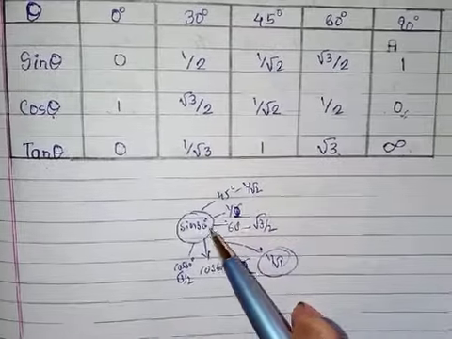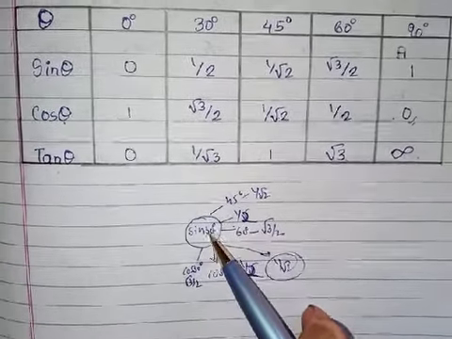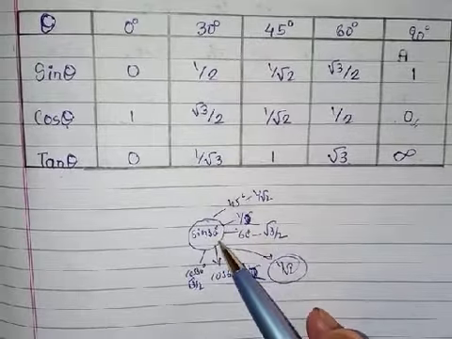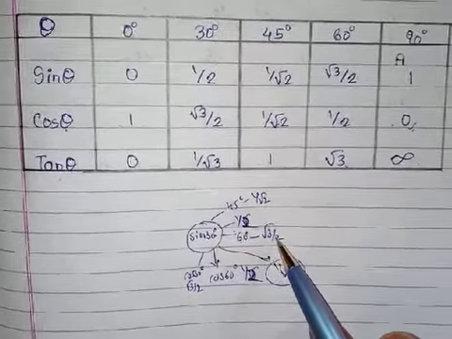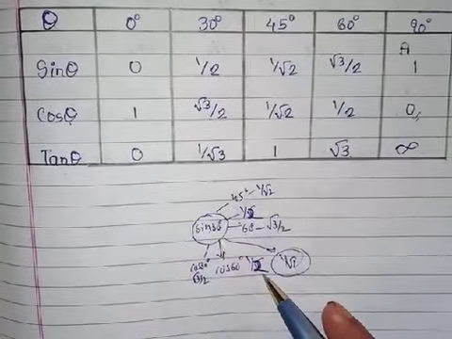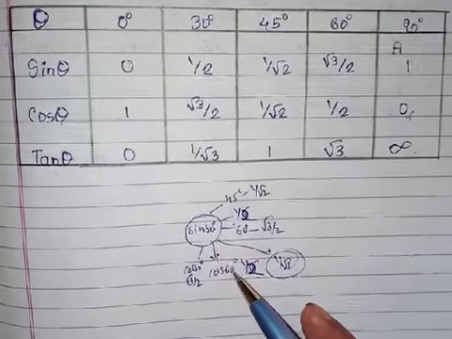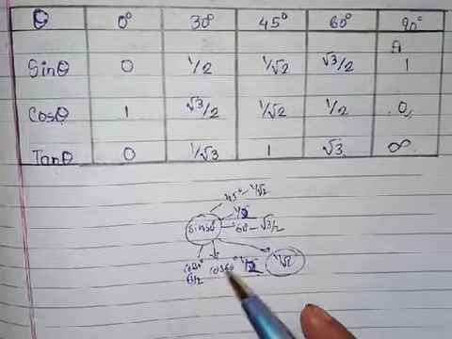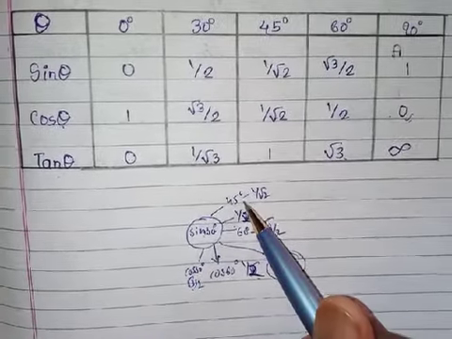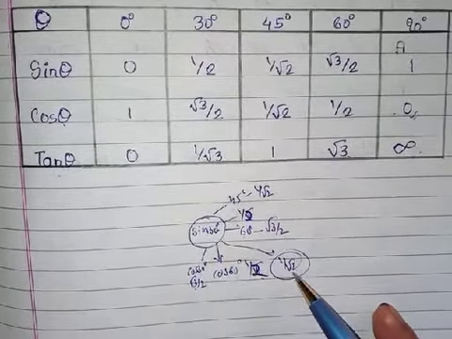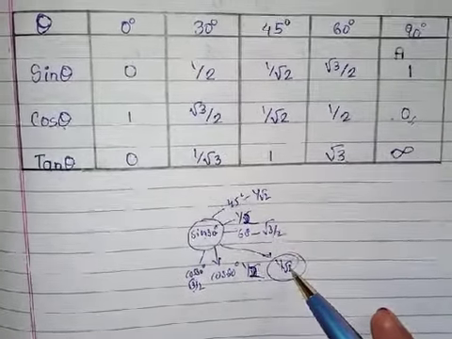Again I am repeating, you can remember only one thing, sine 30 is half. Because sine 30 is half, sine 60 is root 3 by 2, and cos 60 is also half. Cos 60 is half, therefore cos 30 is root 3 by 2. And sine 45 and cos 45 are the same, 1 by root 2.